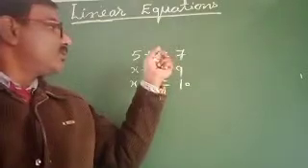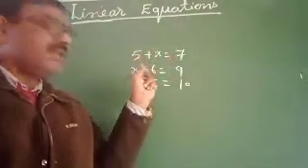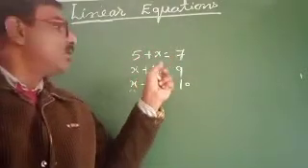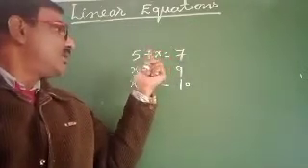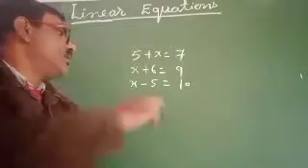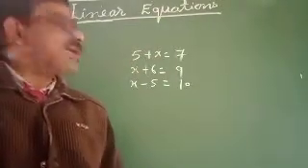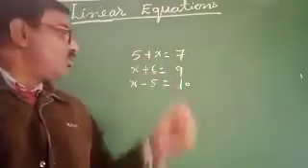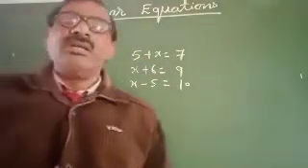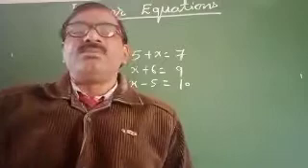Here is x and here is also x, but the value of x is different at different places. Here the value of x is 2, but here the value of x is 3. So x is called a variable.